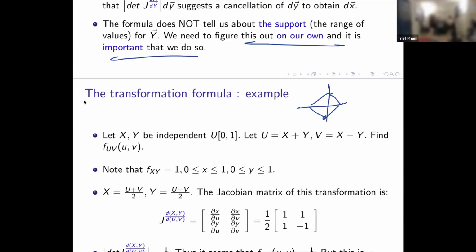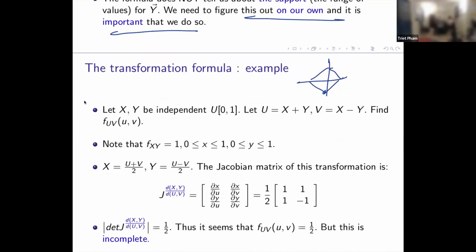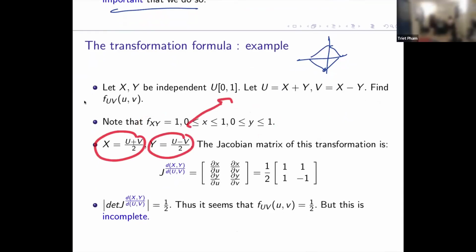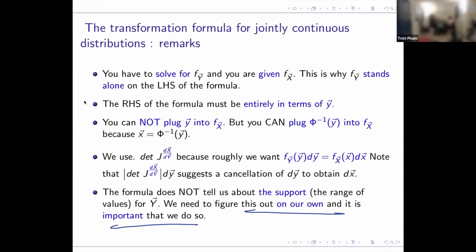Basically, the more intuition you try to make out of these things, the more you understand the problem. That doesn't mean that you should commit to your guesses and say I must be right. But let's see. So this is the joint density you start out with. Then you have to solve for X and Y in terms of U and V because you have to find the inverse function.